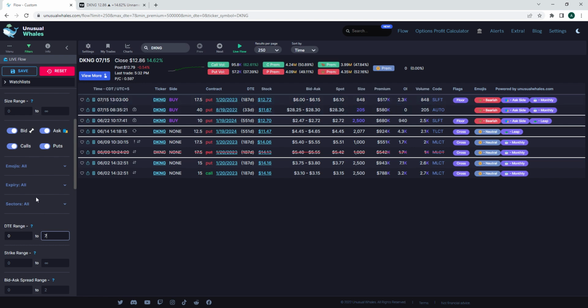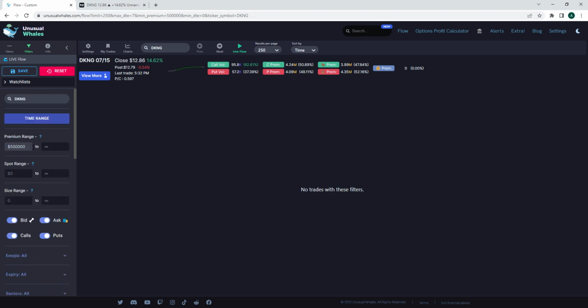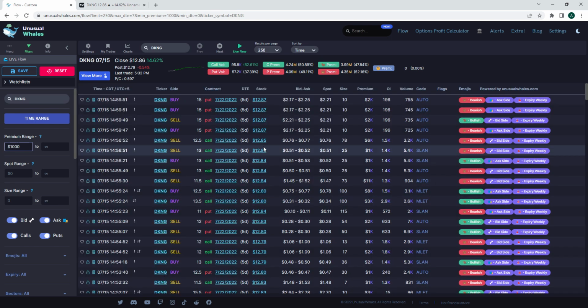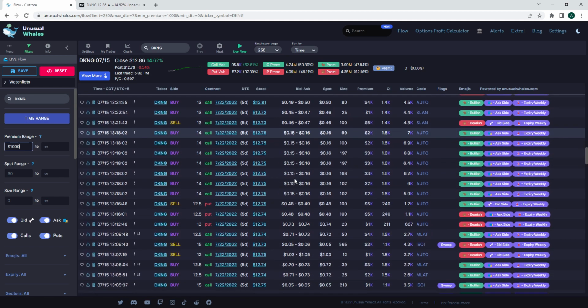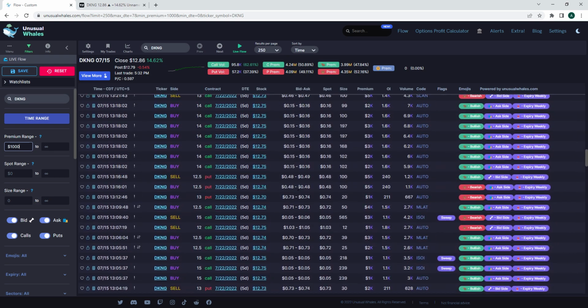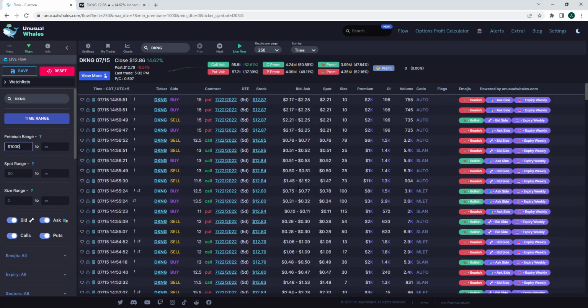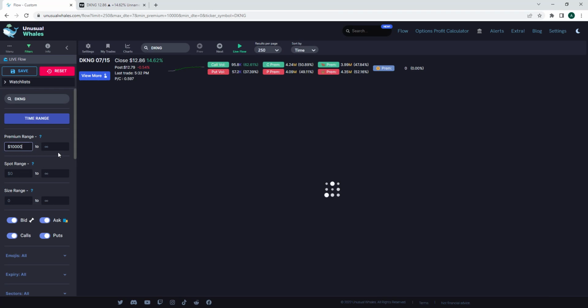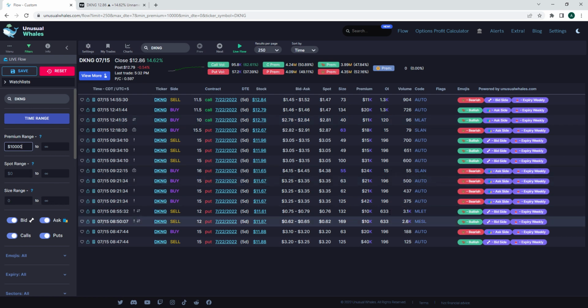If I move this back to the shorter term range and put in 1,000 for a premium range, we have a lot of mixed data, a lot of data that we don't need to see. So I would maybe do 10,000-ish. See, you get a better mix. 10,000 is probably perfect for DraftKings, and again, this is pretty mixed data as well.